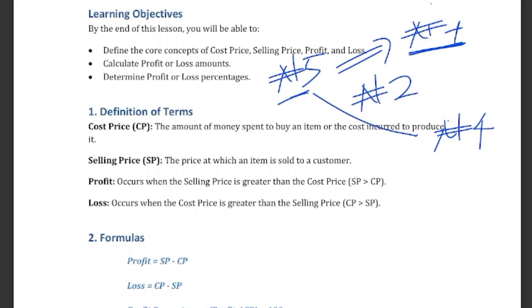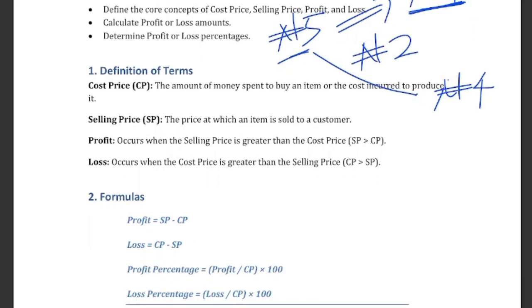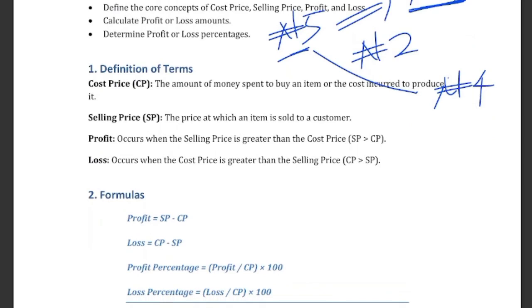Now, if you are asked to find the profit percentage, since it's the profit, you want to express the profit as a percentage of the cost. Because the profit means you have made more than the cost, the difference will be the profit.